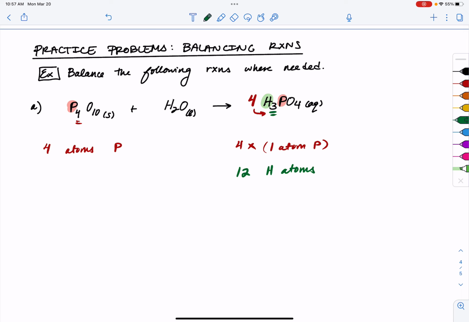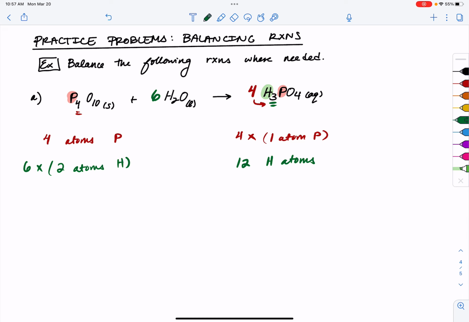Looking at my left-hand side, the only compound that contains hydrogen is my water. If I here have only 2 atoms of hydrogen, then I need to multiply my source of hydrogen by 6, meaning I need to up the ratio to 6 water molecules in order to get the quantity of hydrogen that I want. 6 times 2, 12.